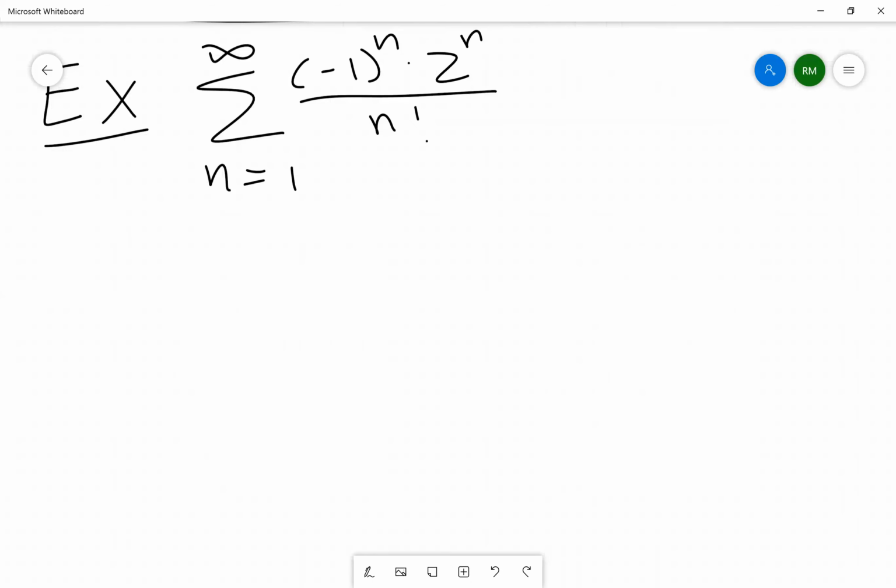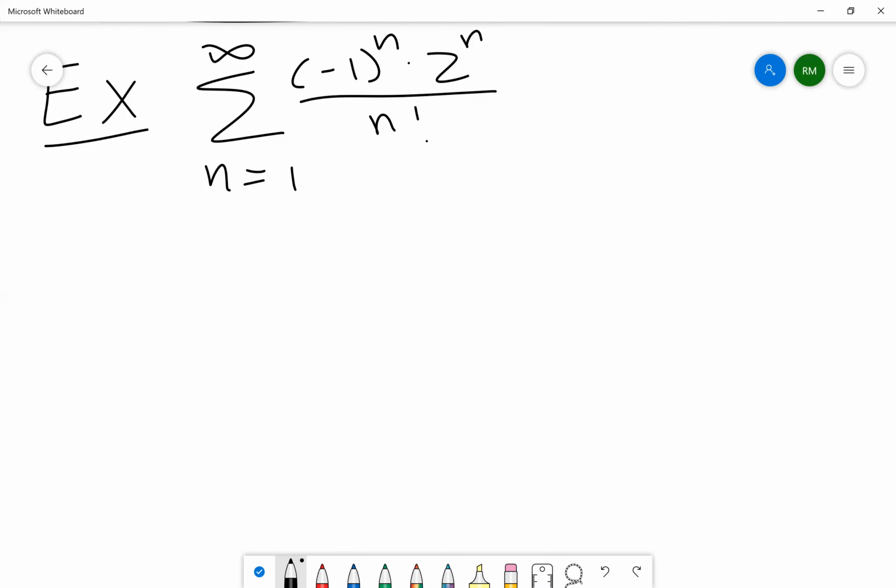All right. So right away, you should be thinking ratio test because we have factorial and we have an exponent. These are classic functions that indicate the use of the ratio test.